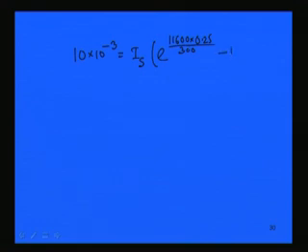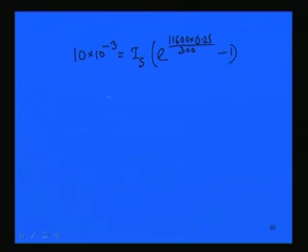In the current expression, we can now replace 10 milliampere, meaning 10 into 10 to the power minus 3 ampere, is equal to I_S into exponential to the power k, which is 11600, into 0.25, the bias voltage, divided by T_k, the Kelvin temperature 300, minus 1.